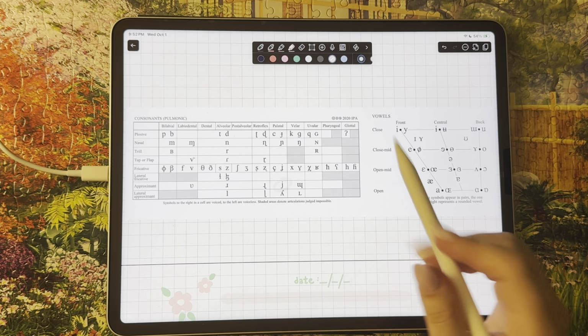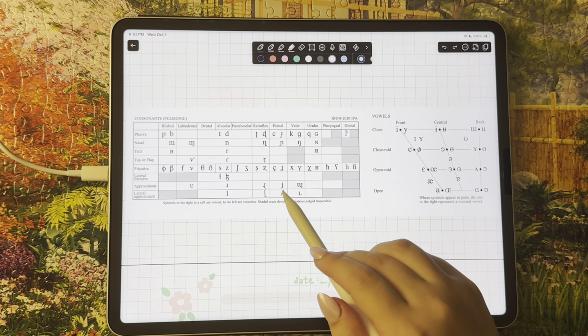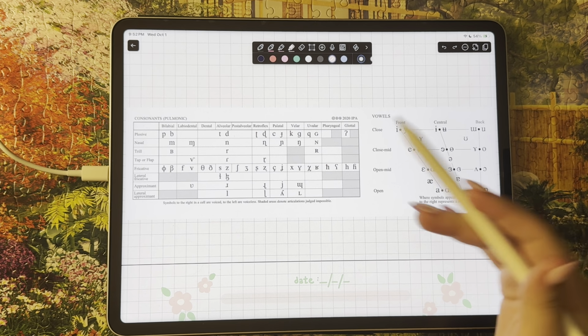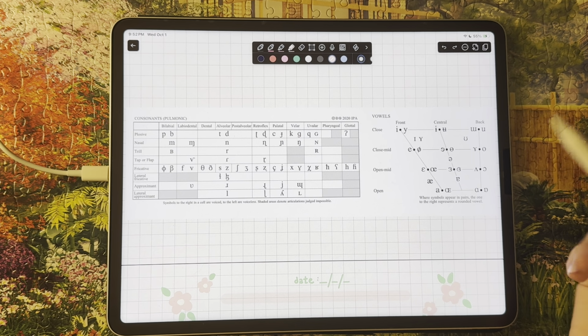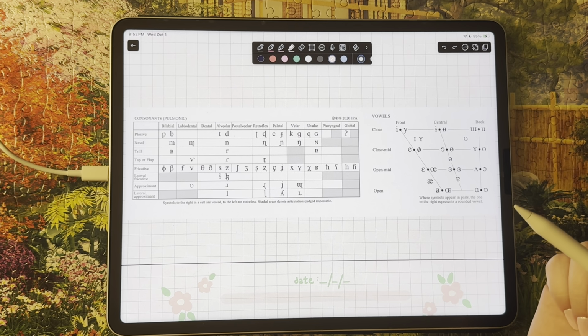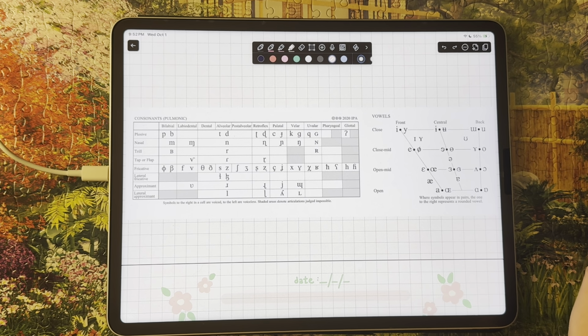Then we have our palatal approximant, which always comes before a vowel and cannot be in consonant clusters. So you have to have a vowel after it, for example, then it would be pronounced ya, or yo, or ye. That's an interesting one to think about when you're transcribing IPA.